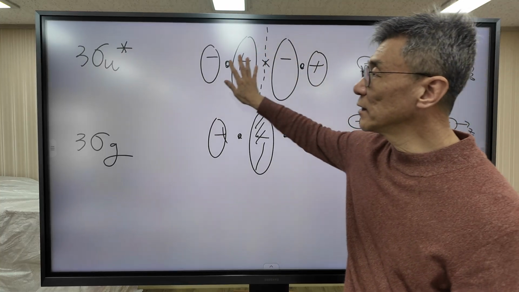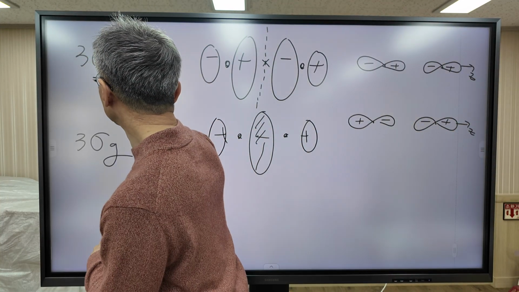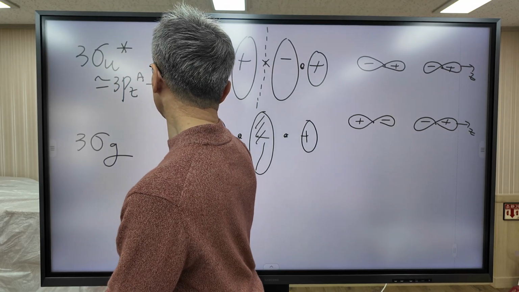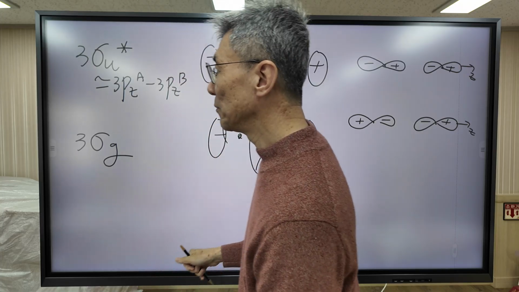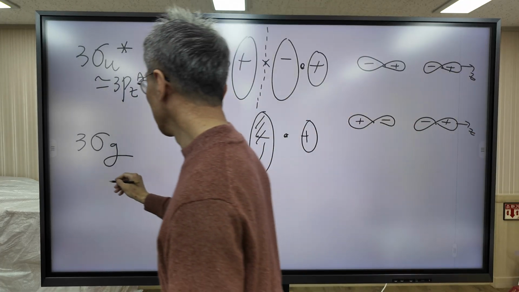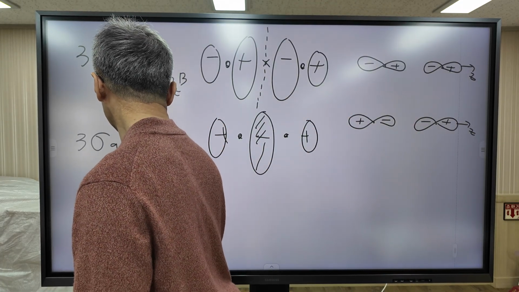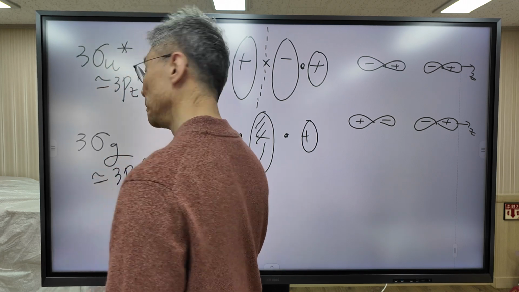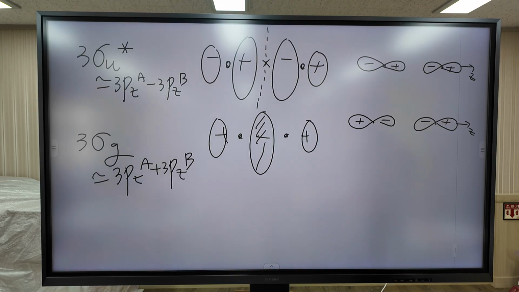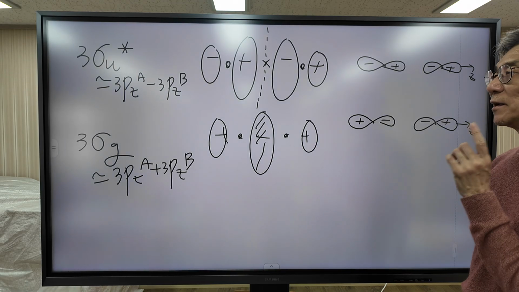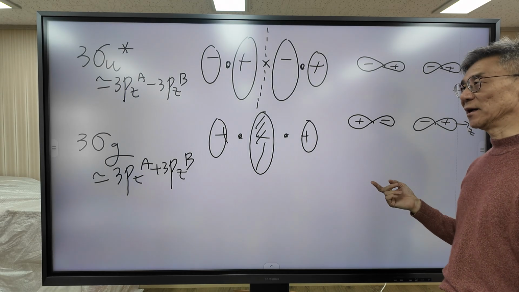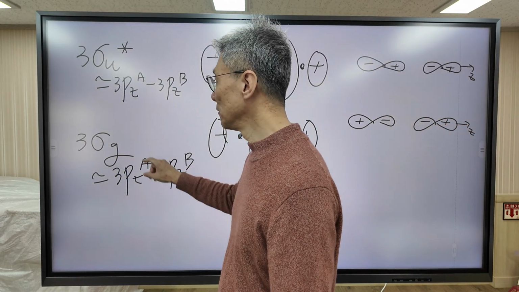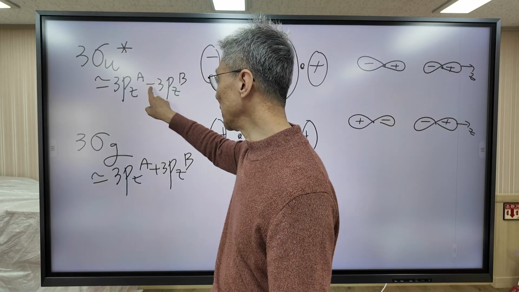So I'm going to approximate this orbital as pgA minus pgB, and this orbital as pgA plus pgB. But keep in mind that you might be misled that for a bonding orbital, I add the two orbitals, and for an anti-bonding orbital, I use a minus sign.